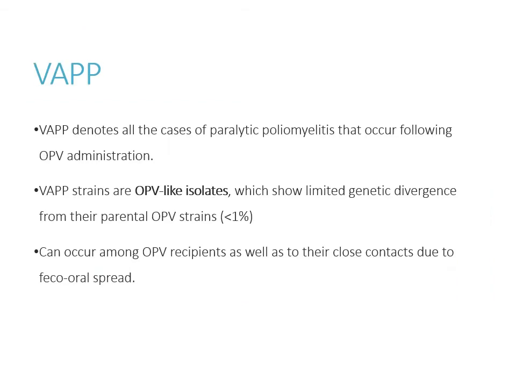Now what is vaccine associated paralytic poliomyelitis? It denotes all the cases of paralytic poliomyelitis that occur due to OPV administration.